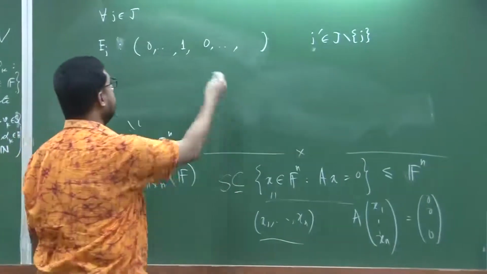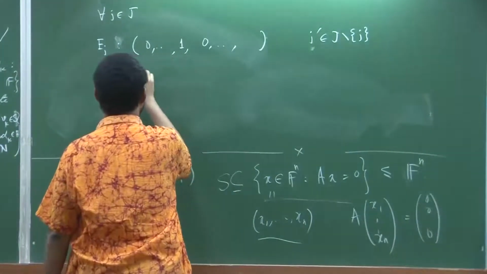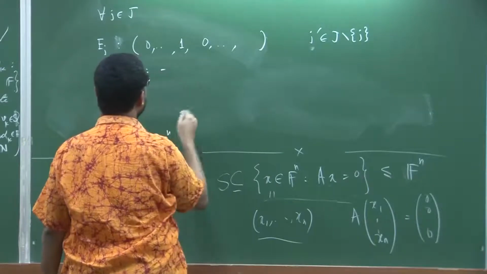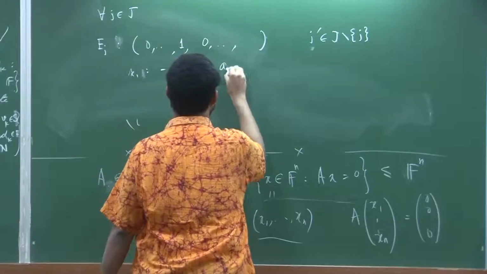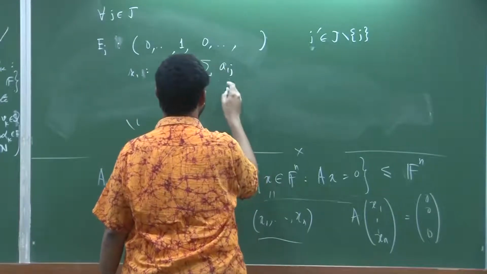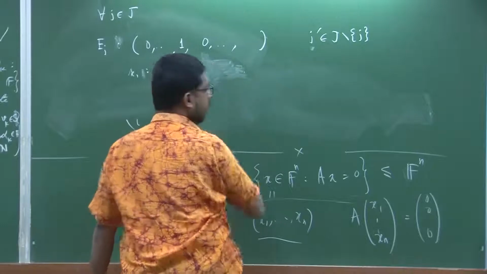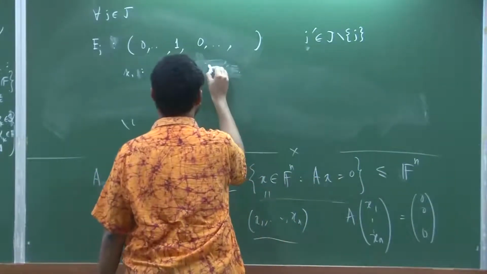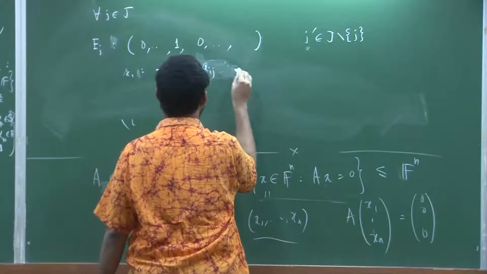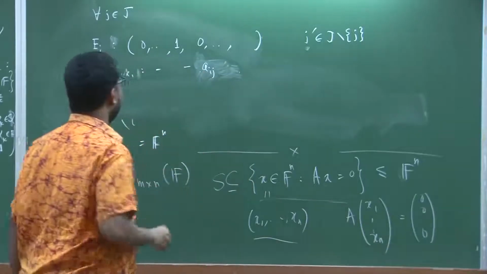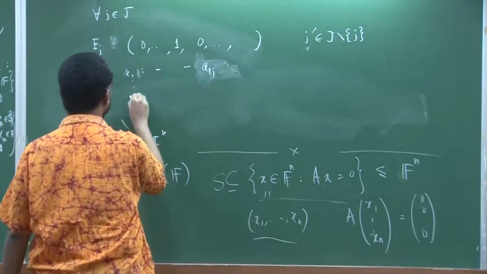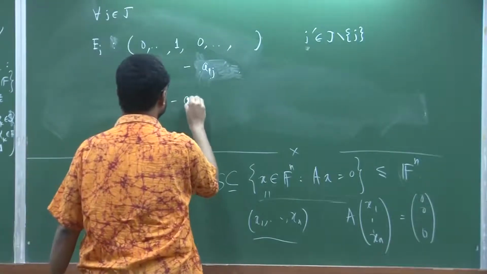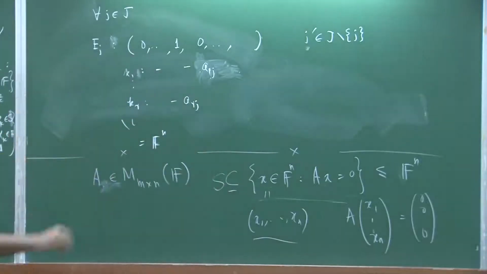The k1 coordinate will simply be, using the equation, minus a1j. Similarly, the kr coordinate will be minus arj. So, what is the solution?